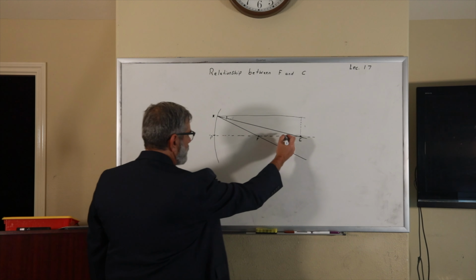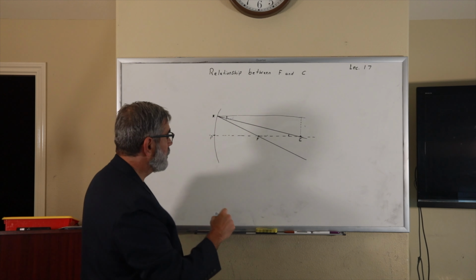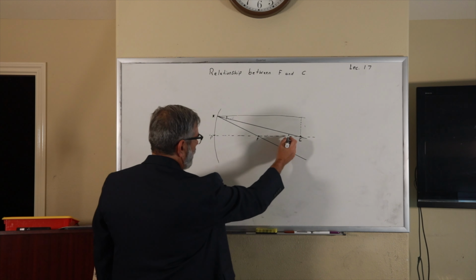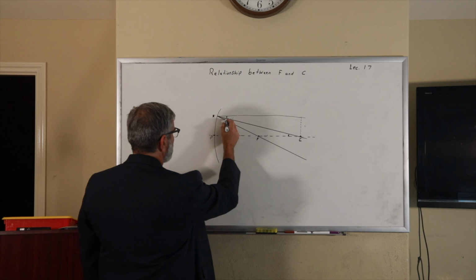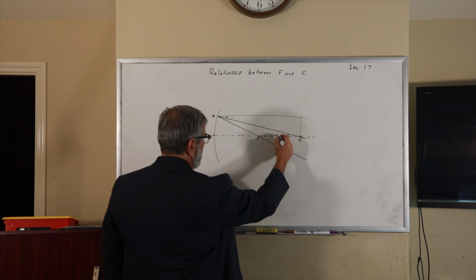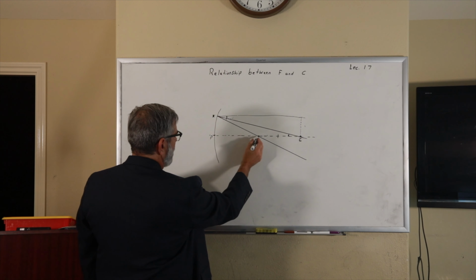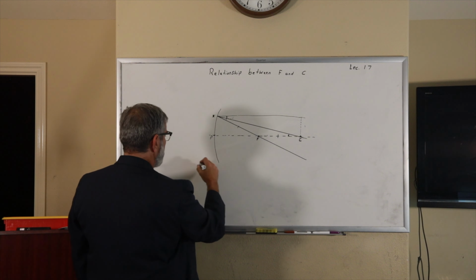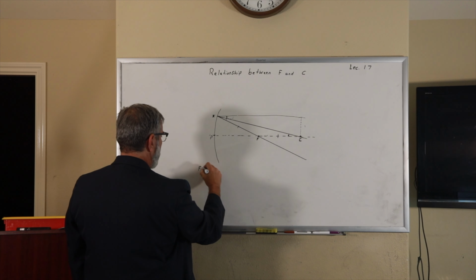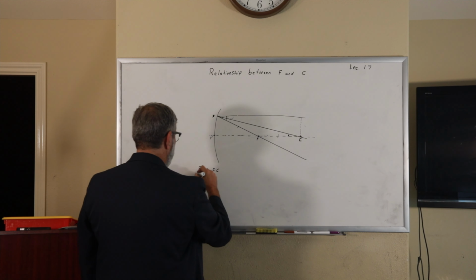Okay, since these angles here and here are opposite interior angles, they are equal. And since this angle is also equal to this angle, that means that this side, FC, has the same length as FX. So I'll write that FX is equal to FC. Why is that?